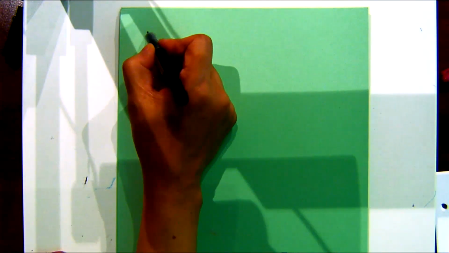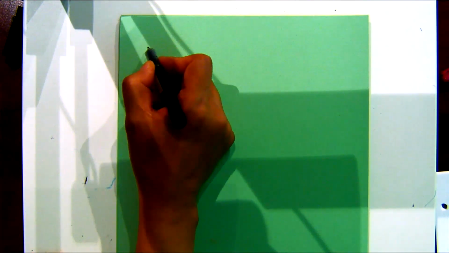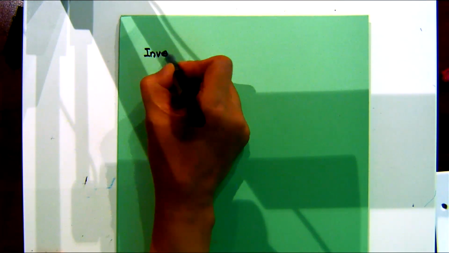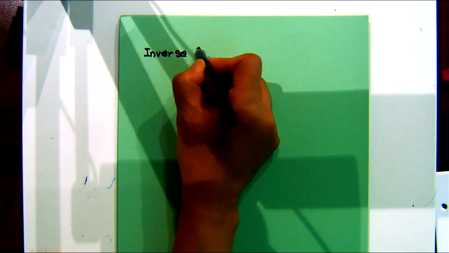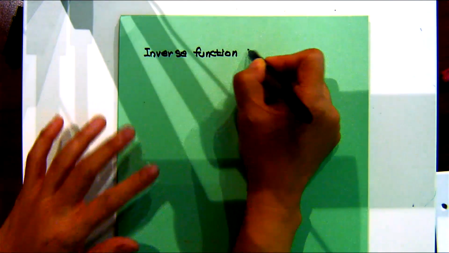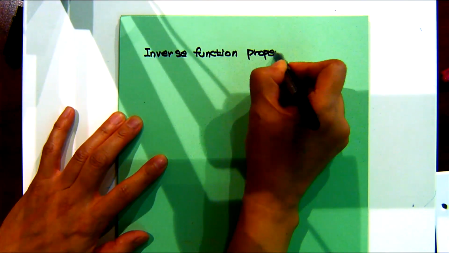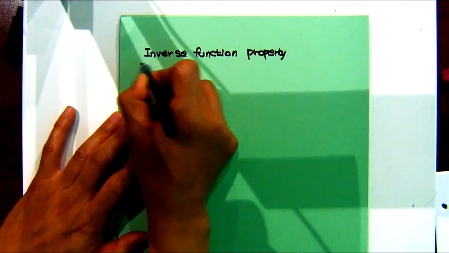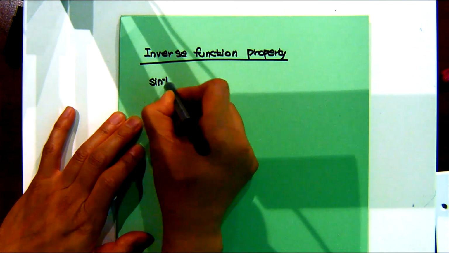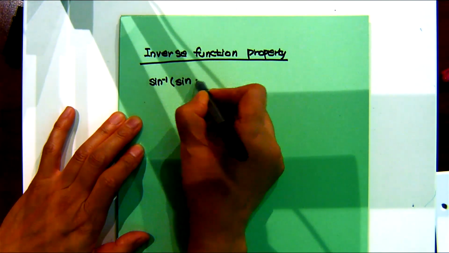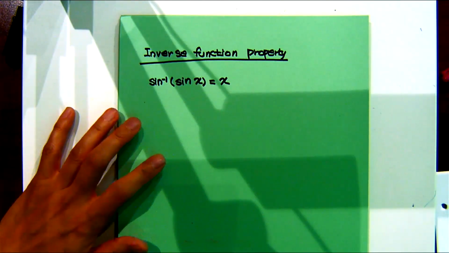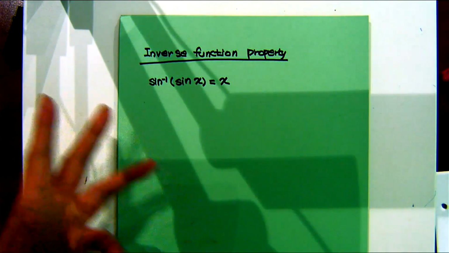So let me talk about the inverse function property. When we combine the inverse sine with a sine function, that equals x, just an identity function.